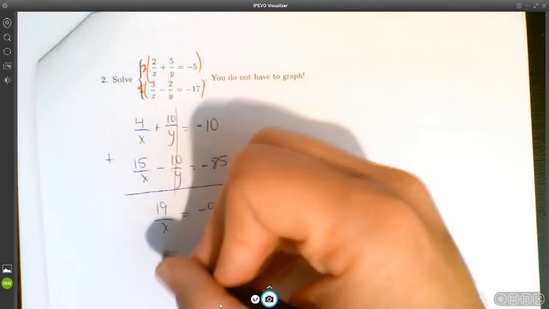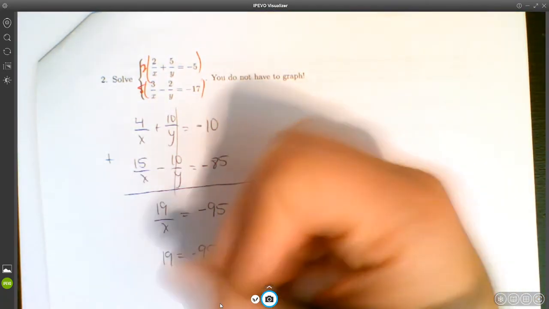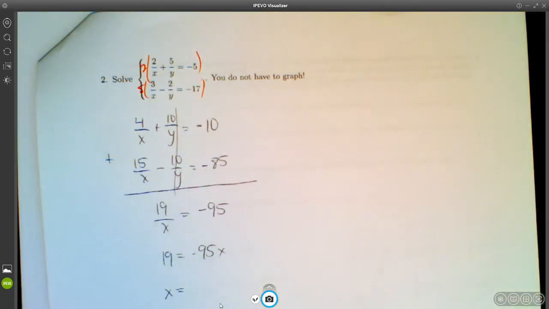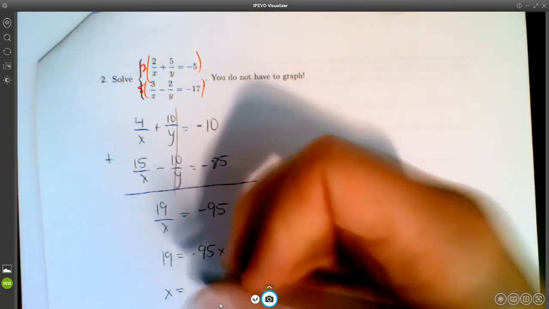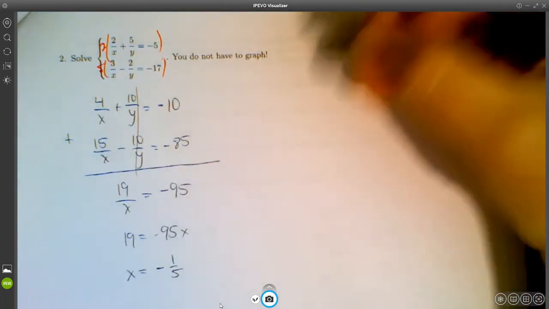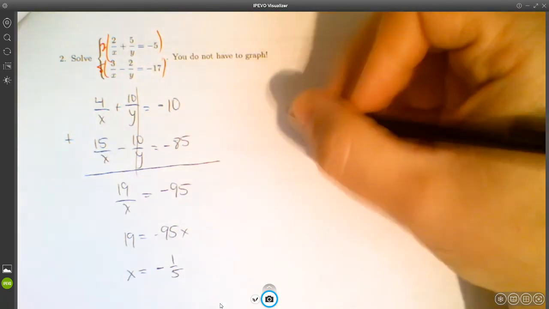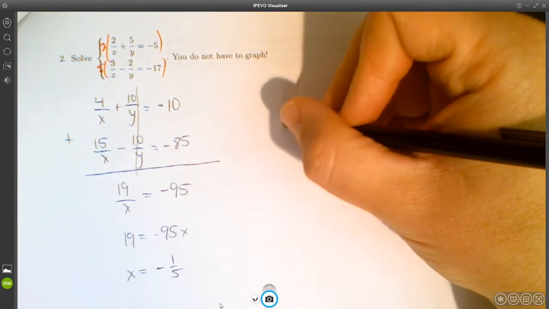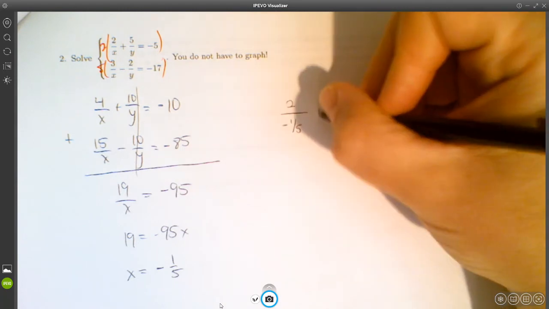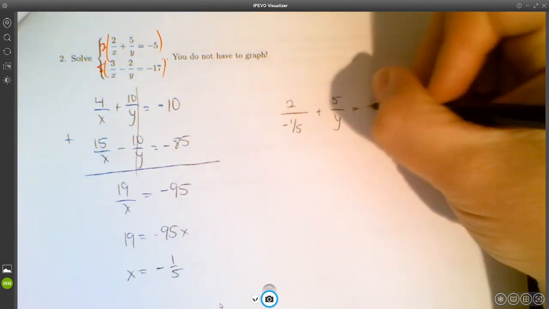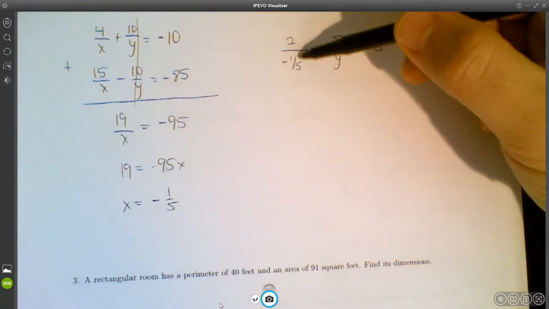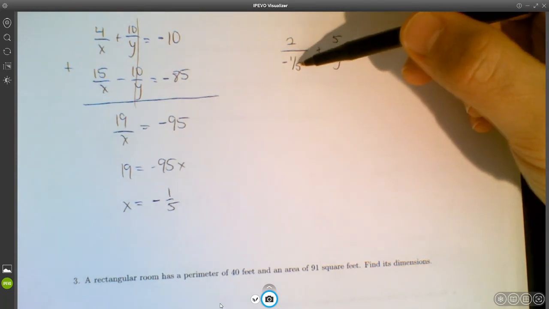So I solve for x, right? 19 equals negative 95x, divide by 95, and x is 19 over 95, which is 1/5. So x is negative 1/5. Okay? And then I can use that to solve for y, right? If I know that x is negative 1/5, then I can plug that back into the top equation and say I have 2 over negative 1/5 plus 5 over y equals negative 5. 2 divided by negative 1/5 is the same as 2 times negative 5.